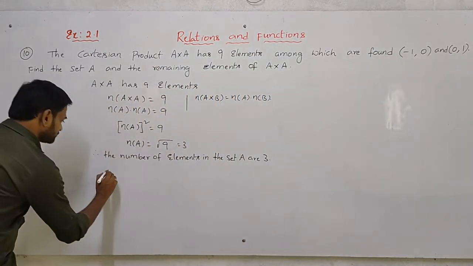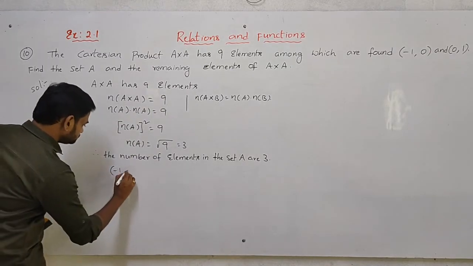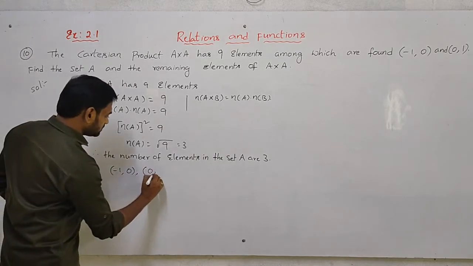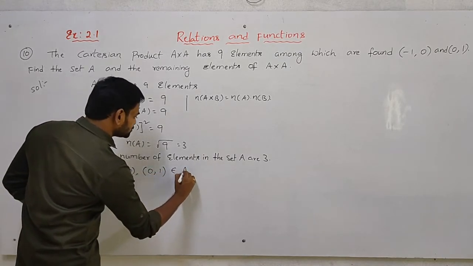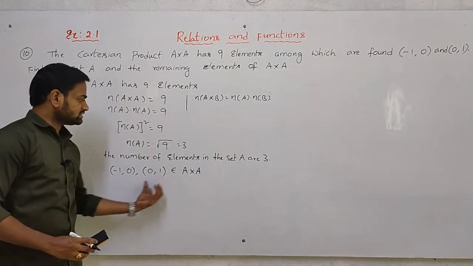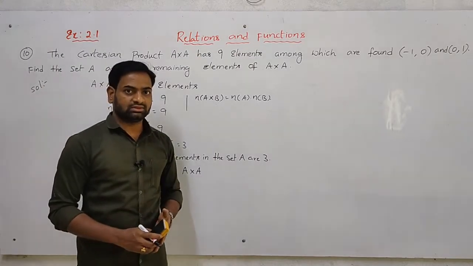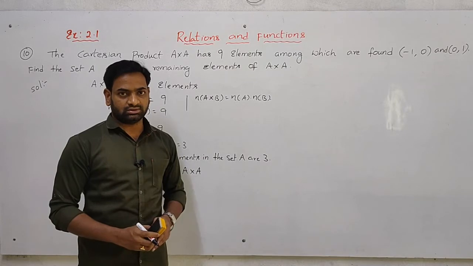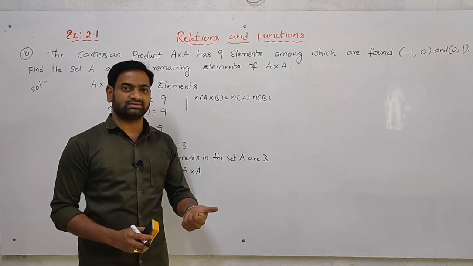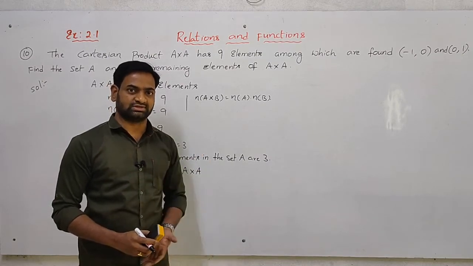So what are the ordered pairs here? (-1, 0) and (0, 1) belong to A cross A. These are the elements in this A cross A. So previously I gave that in an ordered pair, the first element should belong to the first set and the second element should belong to the second set.